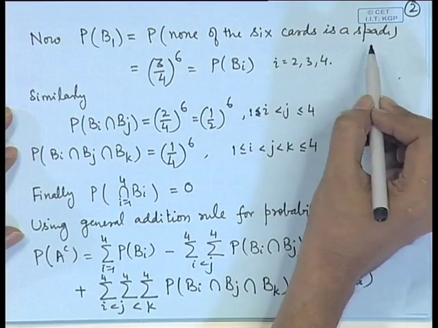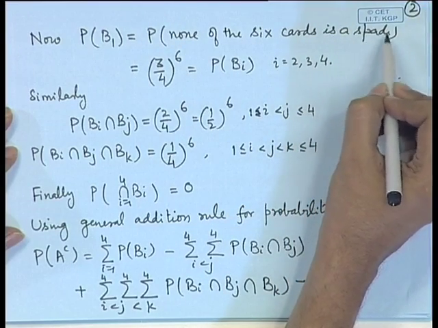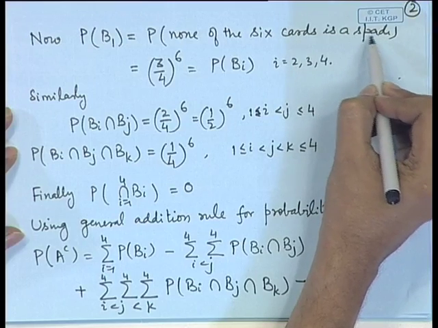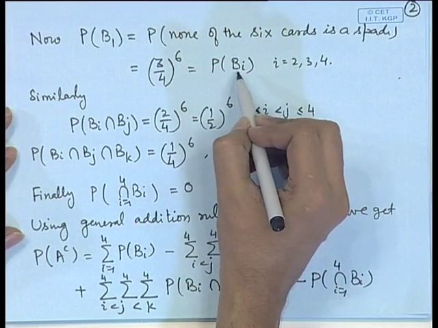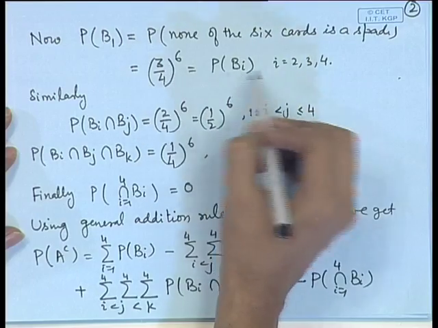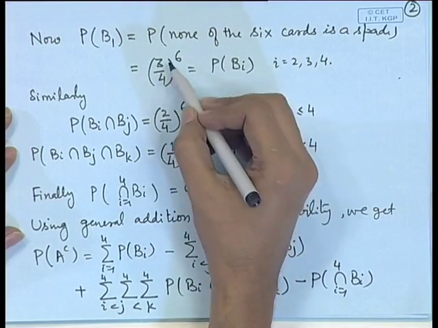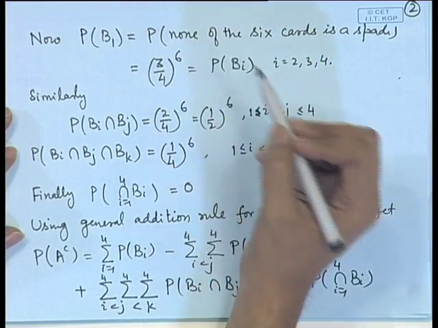Now, if you notice, if we replace the word spade by club or heart or diamond, then the argument remains the same. Therefore, probability of B_i for i equal to 1, 2, 3, 4 is 3 by 4 to the power 6.